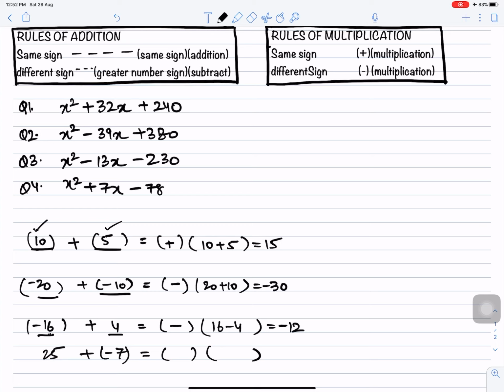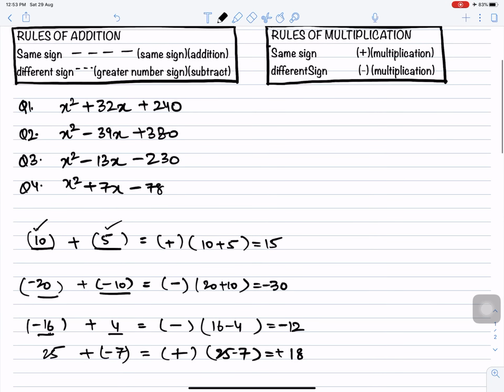Which number is greater, 25 or 7? 25 is greater, so the sign is positive. So we apply the plus sign and subtract the numbers. My answer comes out to be 18.